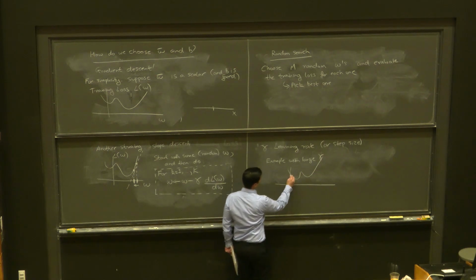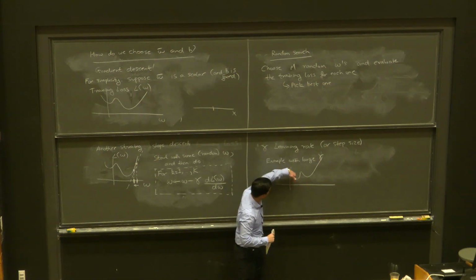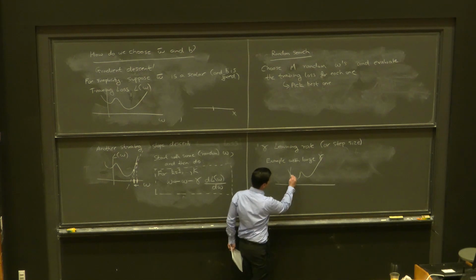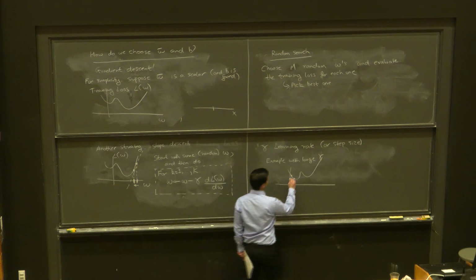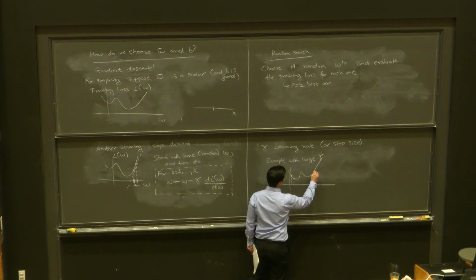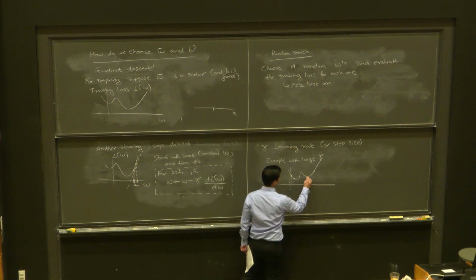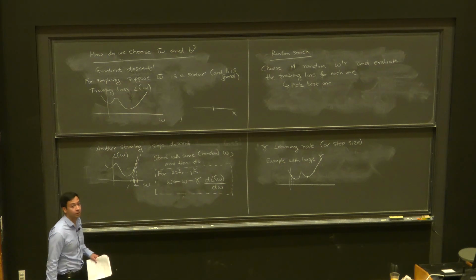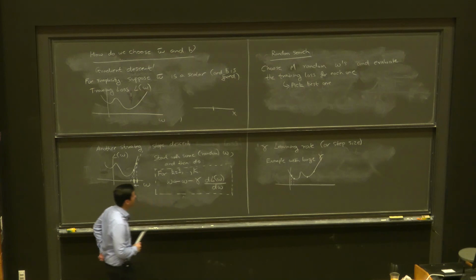If you start off over here, and you make a small step, which would be to the right if you follow the negative of the slope, then you make progress in decreasing the training loss. But if you take a really large step, then you might end up somewhere over here. And if you keep doing this, you might converge maybe to this point eventually, or maybe you just keep bouncing around. So you have to be slightly careful about choosing the value of gamma.